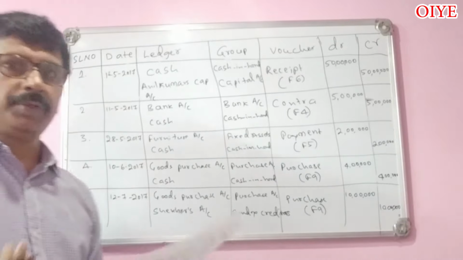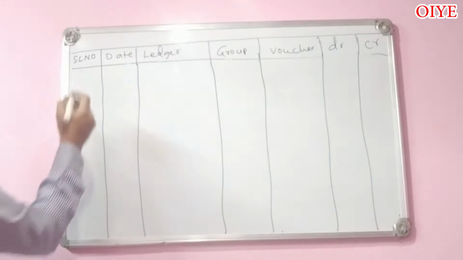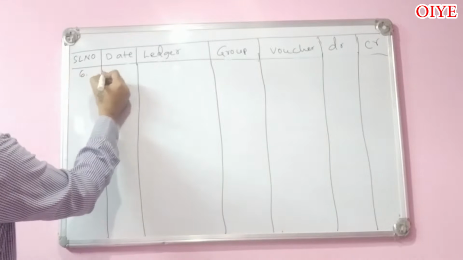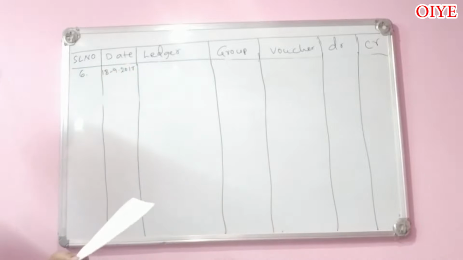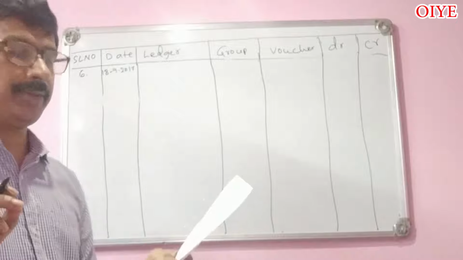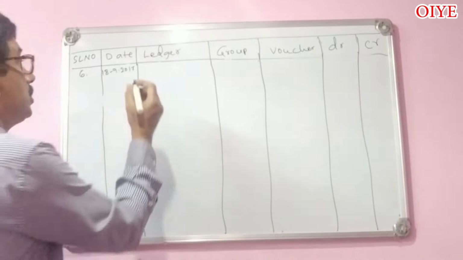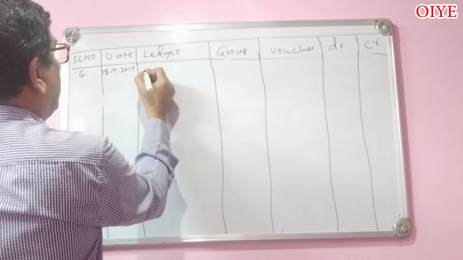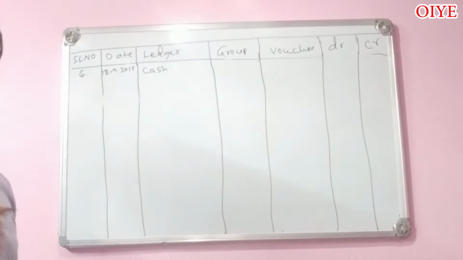Now we will go to the 6th entry. 18/9/2017, sold goods for rupees 6 lakh. The party is not mentioned, nor the mode, so directly we will take cash. We will take it as a cash sale.